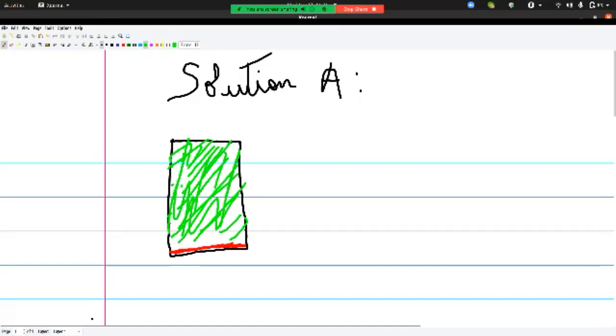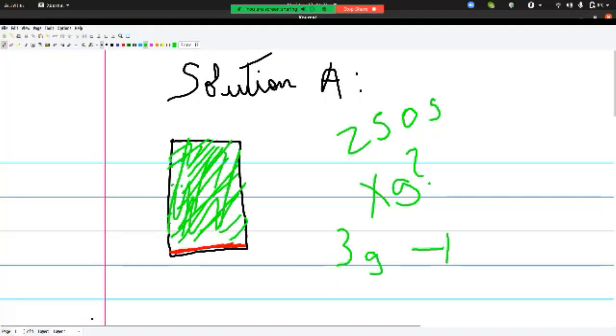if I have 250 grams, how many grams is copper sulfate? So we know that I have, for example, 3 grams in 100 grams of the solution. 3 grams is copper sulfate.